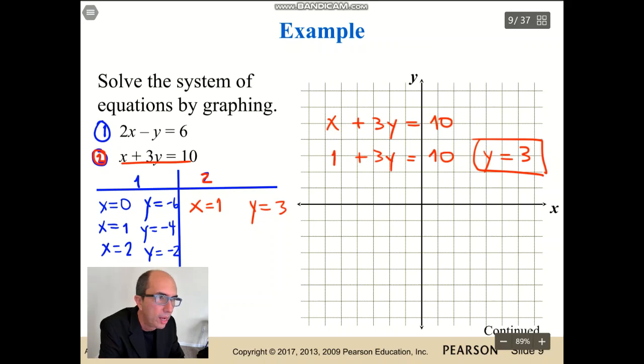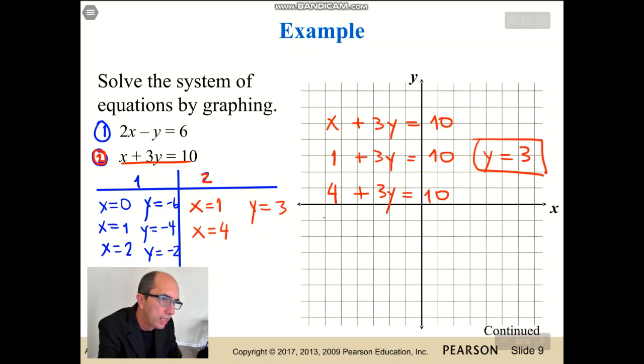What about now if x equals, let's say, 4? X equals 4, 4 plus 3y equals 10. You can guess any numbers; I'm just trying to guess numbers that are going to give me integers when I calculate.